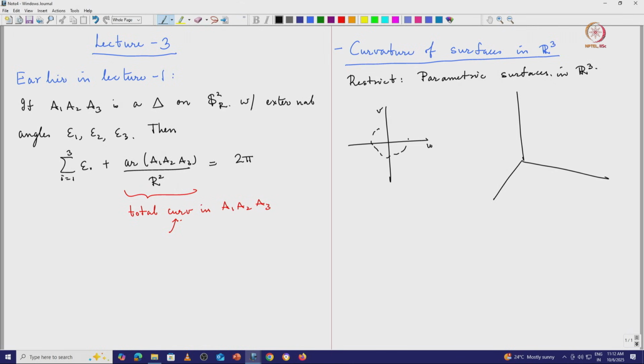You have an open set, and then you have a surface sitting inside R3 which I am going to denote by M. The 2 just indicates that this is a 2-dimensional object, and so you have this map R so that any point on your surface in R3 can be parametrized by a point with coordinates u comma v in the uv plane.